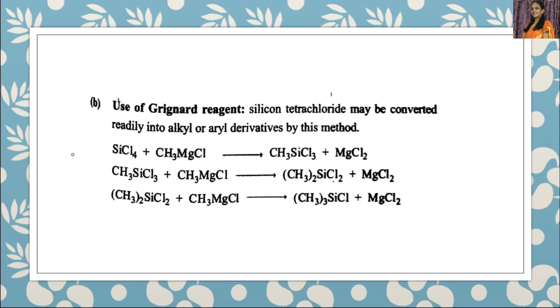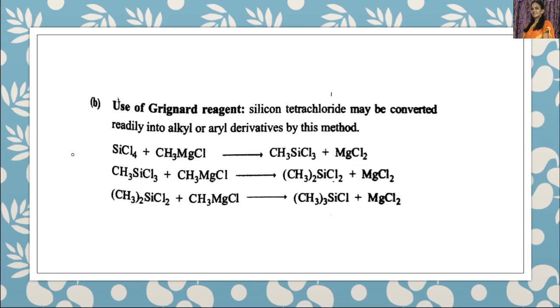So let us see how they are obtained. SiCl4, when treated with methyl magnesium chloride, one of the Grignard reagents, gives the alkyl chlorosilane. Alkyl chlorosilane is the product obtained in this reaction. So this is methyl CH3SiCl3.